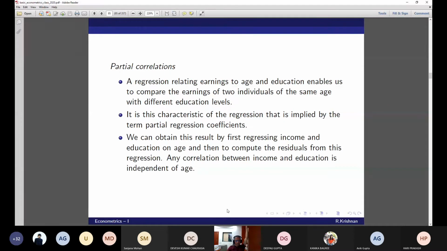Partial correlations. This is exactly why I was saying right in the beginning about the language of partialing out. When we are talking of the coefficient beta 1, the effect of X1 on the dependent variable, the normal language is that the effects of other variables are fixed, kept constant.